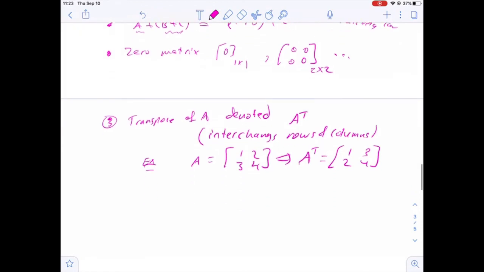Now scalar multiplication. For scalar multiplication, we multiply a matrix by a number.